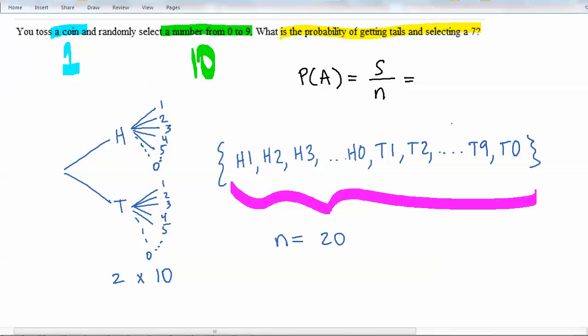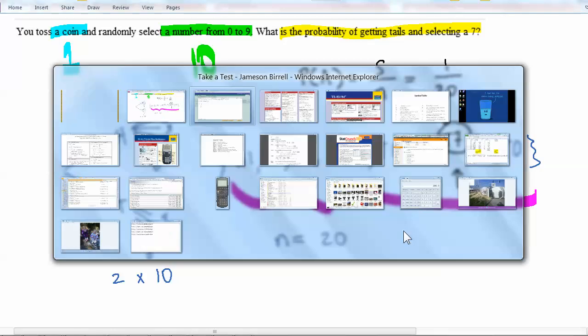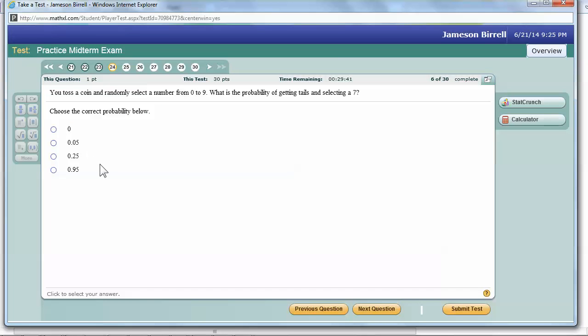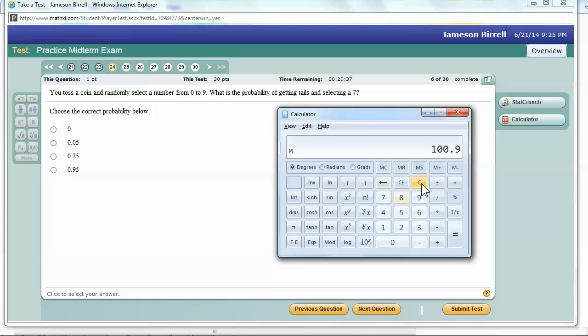There's only one way, right? And that would be somewhere in this range right here, where we landed on a tail and chose the number 7. One way that that's going to happen out of 20 possible simple events. So 1/20th. Believe me, it could have been a lot worse.